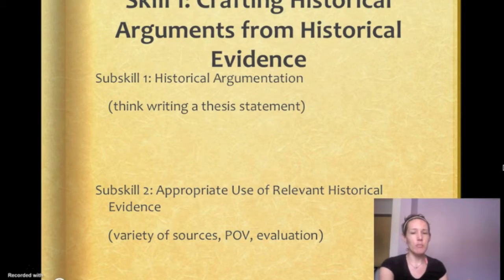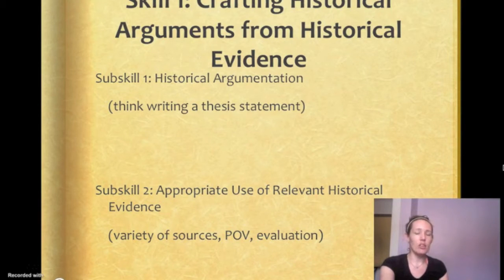Okay, so essentially, these 2 things are divided into sub-skills from here. So historical argumentation, even though we've never called it this, we've had experience with historical argumentation. In my mind, to really break it down and simplify it, this is what writing a thesis statement is. Essentially, you need to be able to prove to the readers in the College Board that you can actually come up with a conclusion, or an interpretation, an argument about why something happened, the reasons for something.